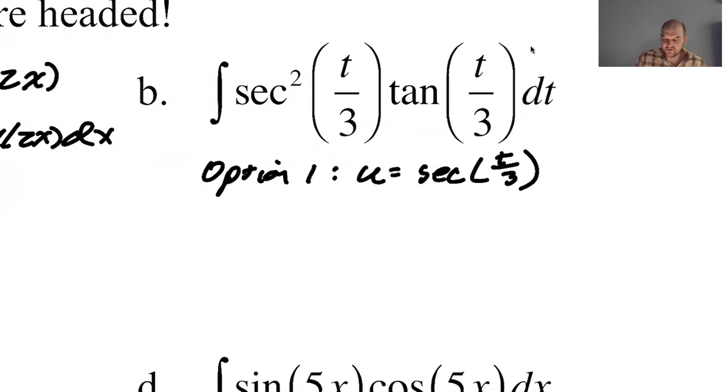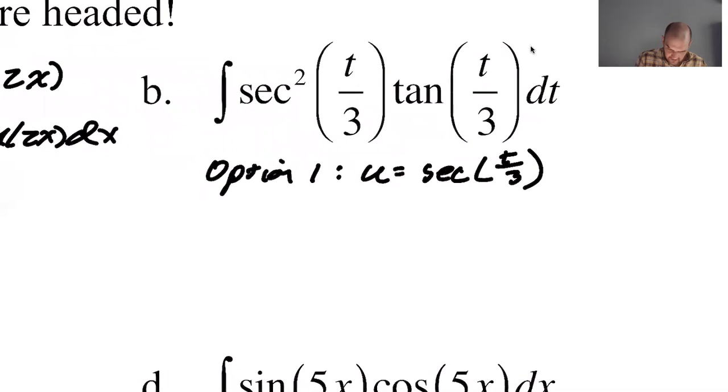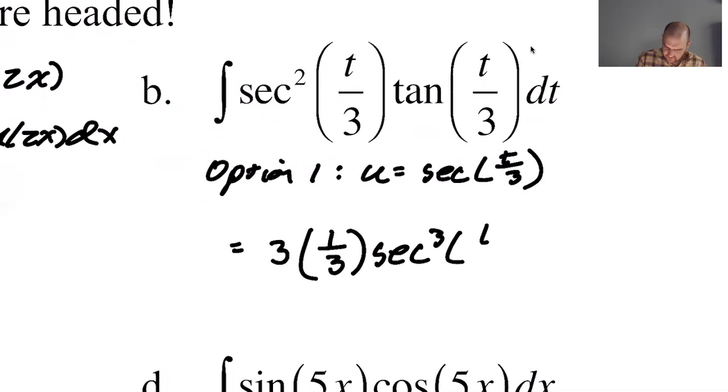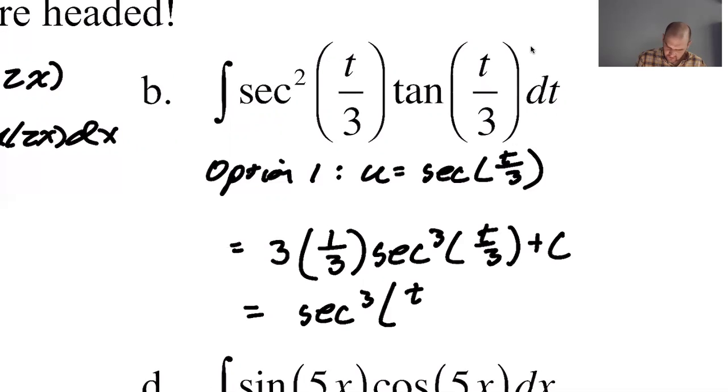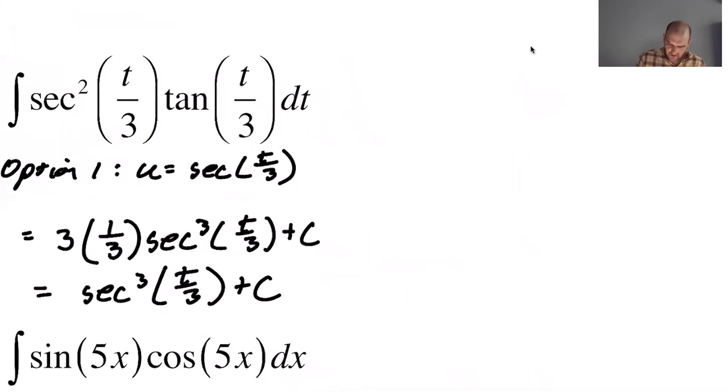Then the derivative is 1/3 secant tan, so you need a 1/3, so a 3. This will give us 3, and then reverse power rule: 1/3 secant cubed of t over 3 plus c. So we just get normal secant cubed, plus c.